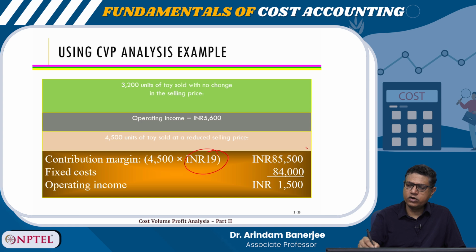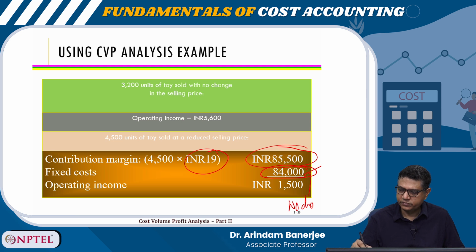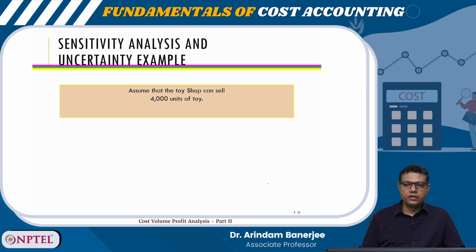So, total contribution margin will also decrease, but fixed cost will not change. If you observe here, in this case it is no change, and my operating income is getting reduced, it is becoming 1,500.